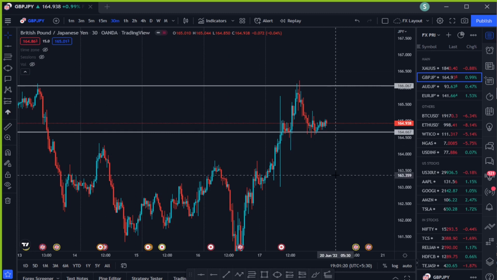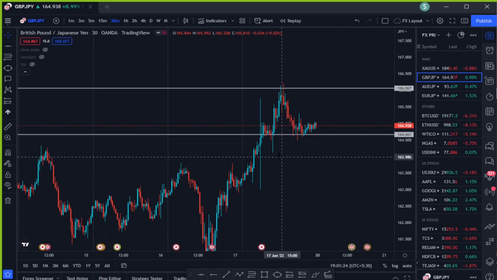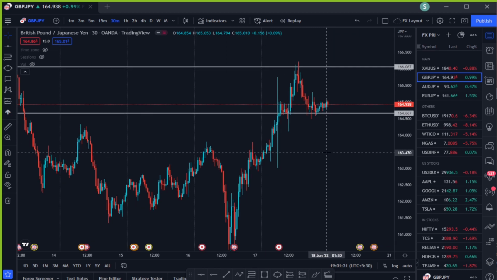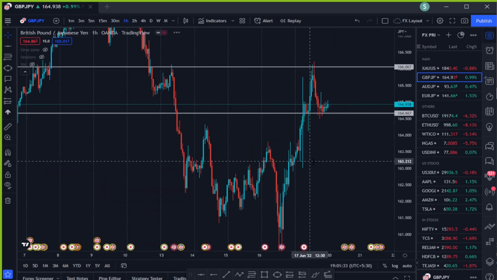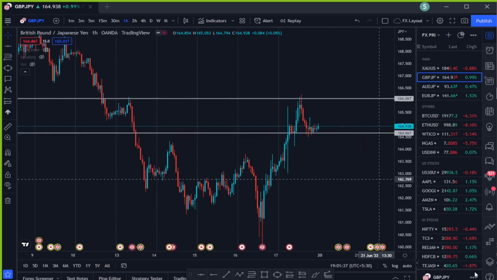So what about the long and the short trading opportunities? The 30-minute, as we can see, is pretty choppy on the downside. We have multiple supports in this area, so I think it's much clearer on the 1 hour chart. On the 1 hour, in order to go long, what I'm waiting for, same as on the 4-hour and the 2-hour time frames, is a strong candle closure here.